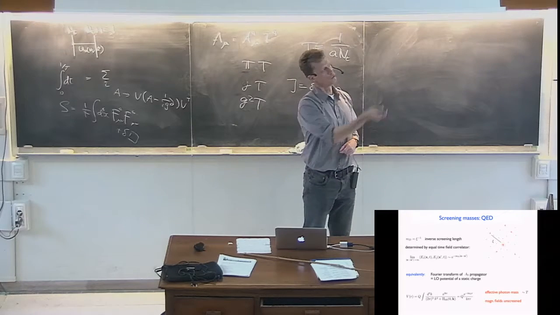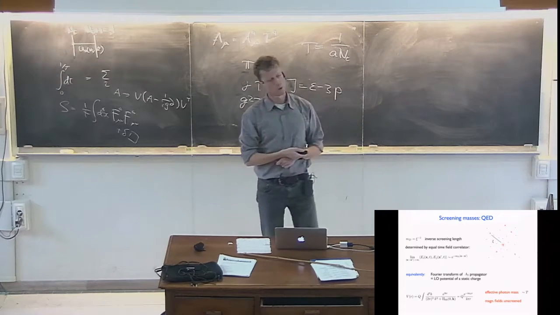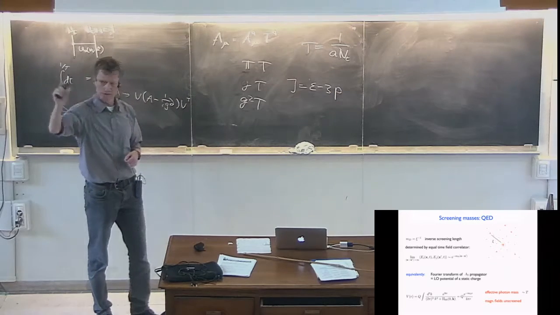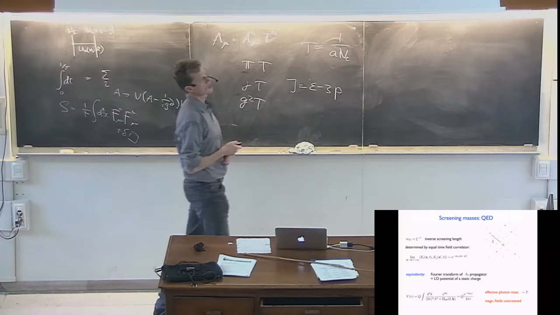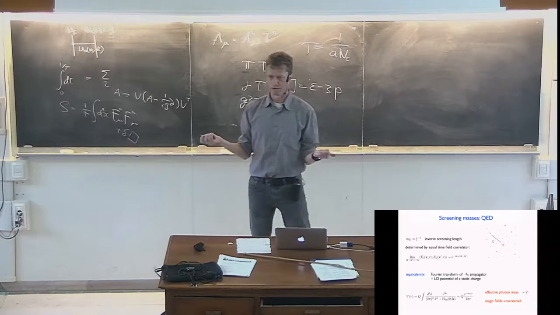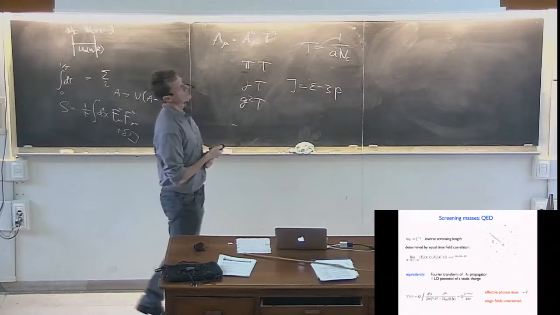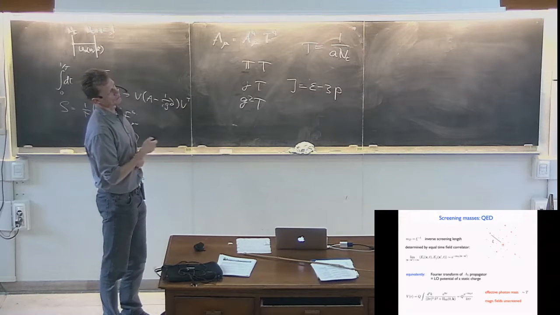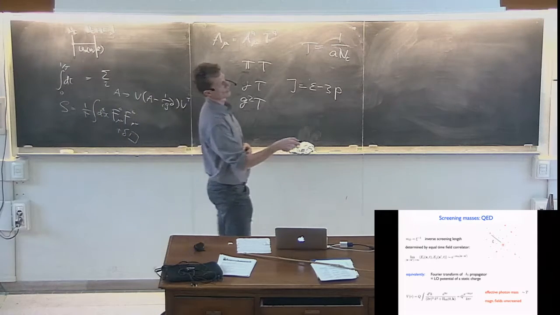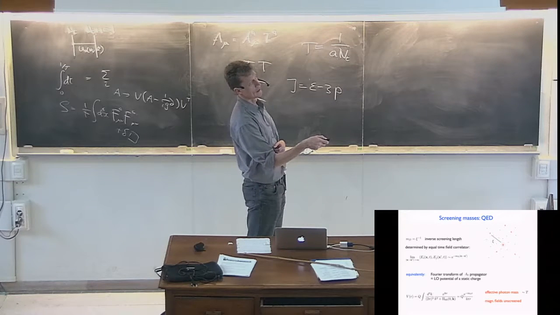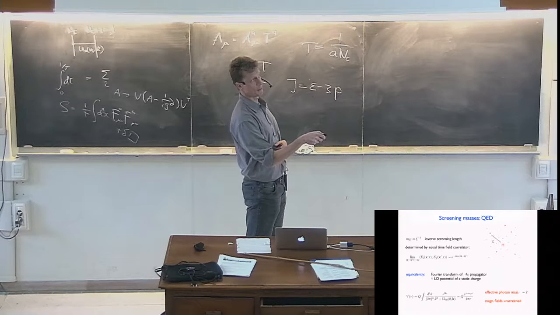And if you go further away from the source, then you see a screened field because the polarization field supersedes the field of the static charge. So you have screening, which means your photon becomes effectively massive. And there is a screening length which is defined by the correlator. So you take the correlator in electrodynamics of electric fields, okay, separated by, and this is now the important thing, by a spatial distance.